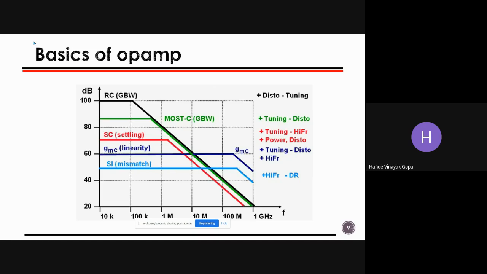The moment you come to switched capacitor active filter designing, you are replacing your R with a C and some switches, and you operate those switches at different frequencies so that you emulate the R using switches and C. It has comparatively higher distortion, which you can see very clearly over here. So this slide is just for reference.